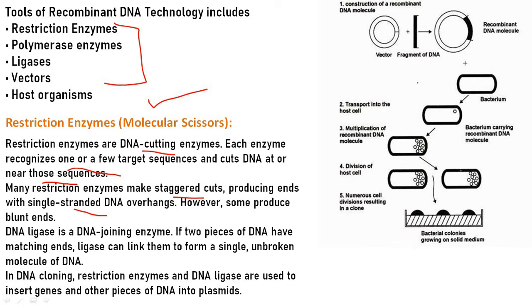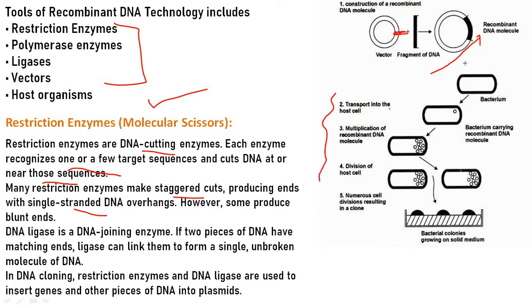As you can see, the recombinant DNA molecule is there, and here is a vector, and there is a fragment of DNA. With the help of the ligase, or DNA joining enzyme, it is ligated, and these cuts were made by the molecular scissors, or the restriction endonucleases. And then the whole process of cloning continued.